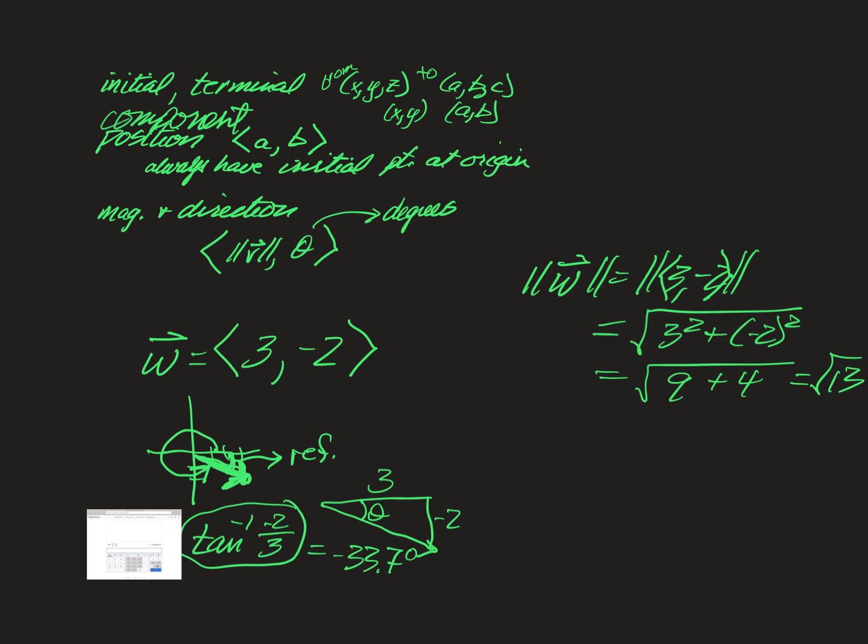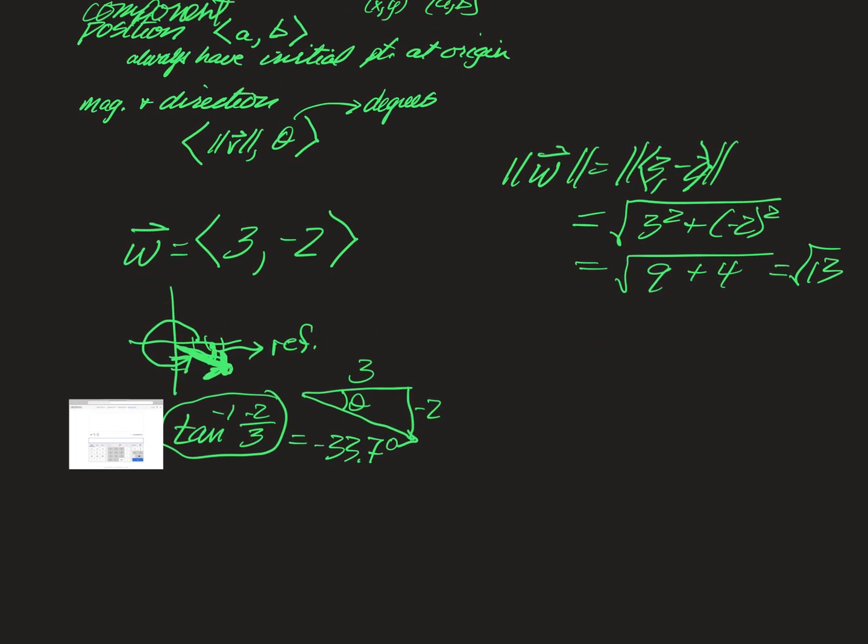Okay, now that's down, and the angle we want the angle counterclockwise, so we basically subtract that from 360, all right? And so we could take 360 minus 33.7, which will give us 326.3 degrees, all right?